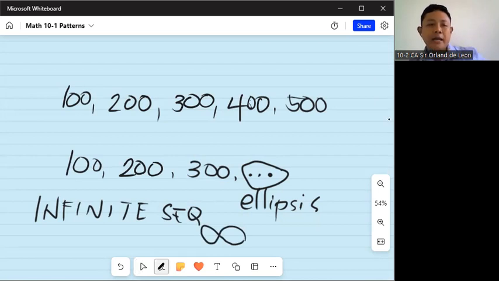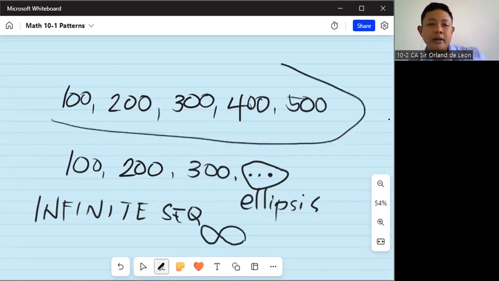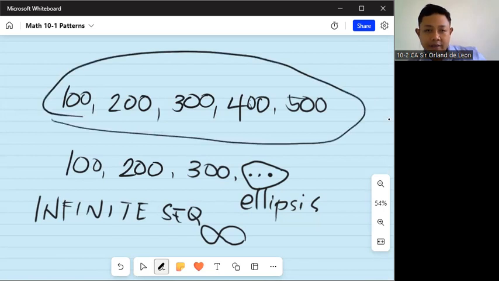But, looking at the other sequence, look at this on top. If there is no ellipsis after the last number, it doesn't continue. It ends there. Therefore, what do you call this kind of sequence then?